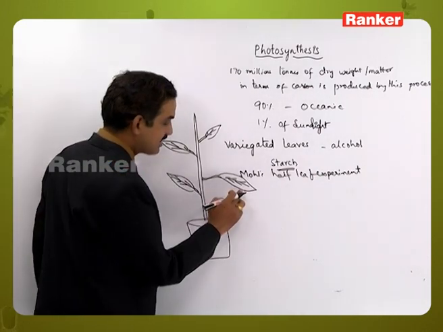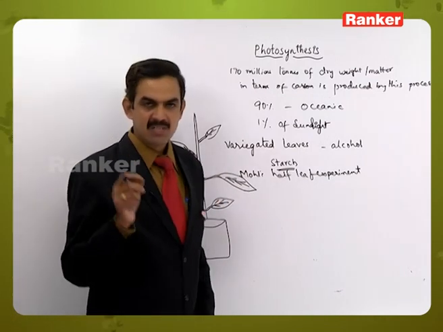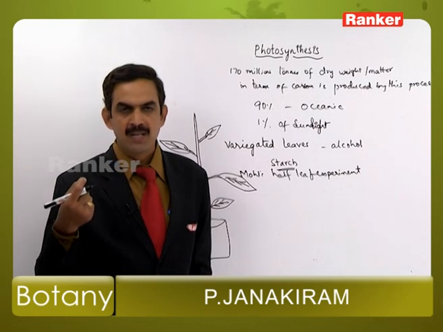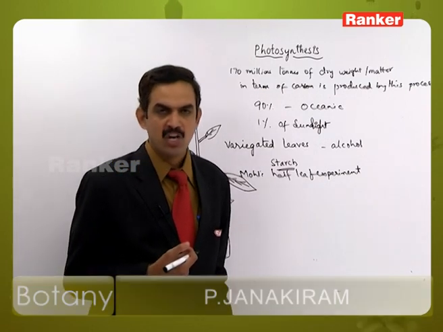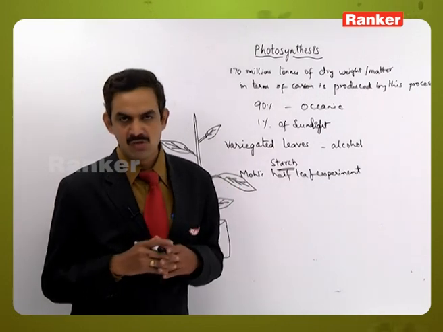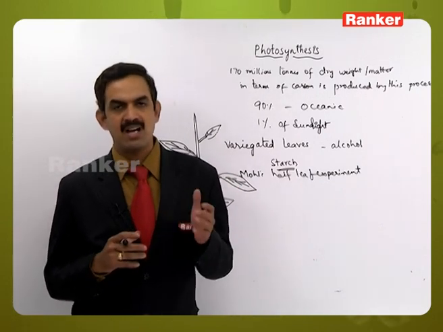Destarched means the plant is kept in the dark for some days, so that the green parts cannot perform photosynthesis. So those leaves or green parts do not have starch in them.